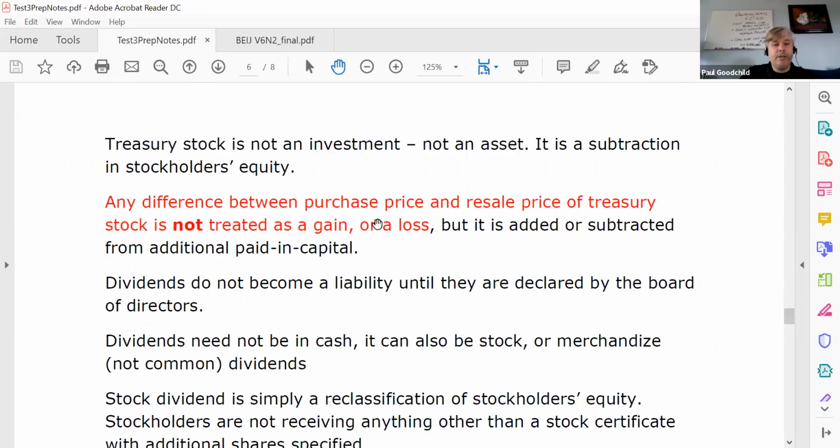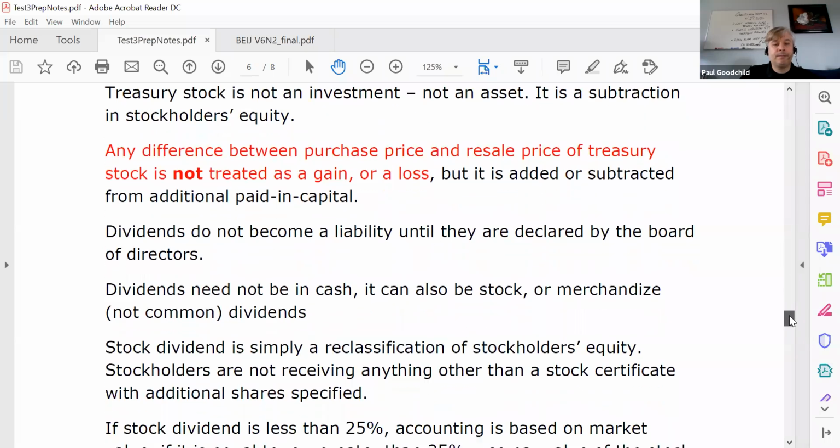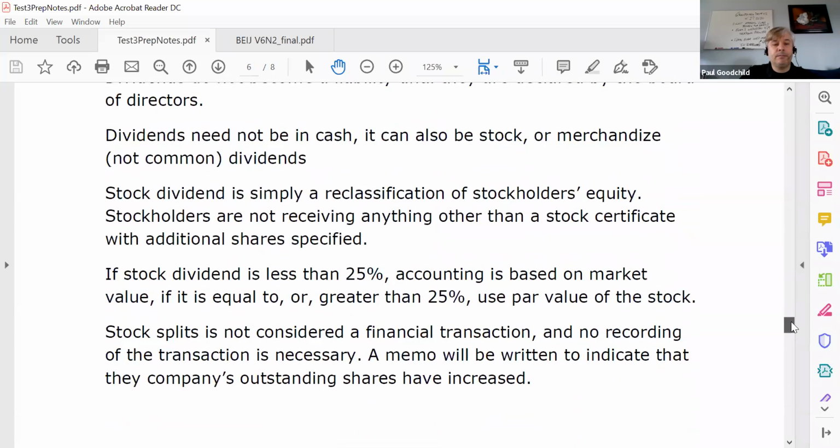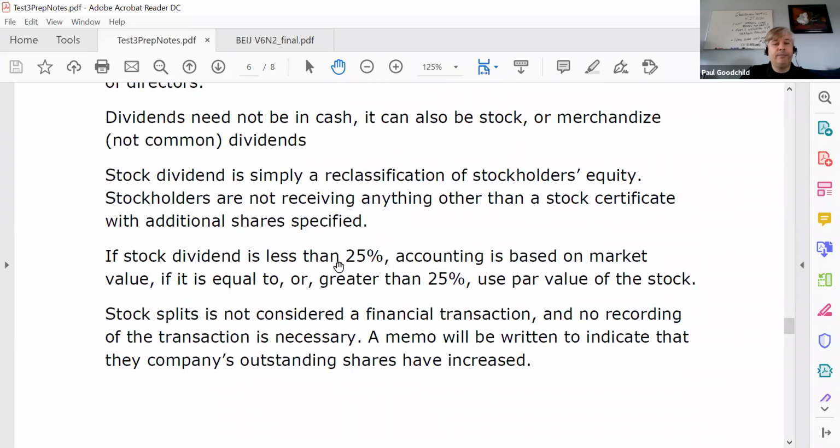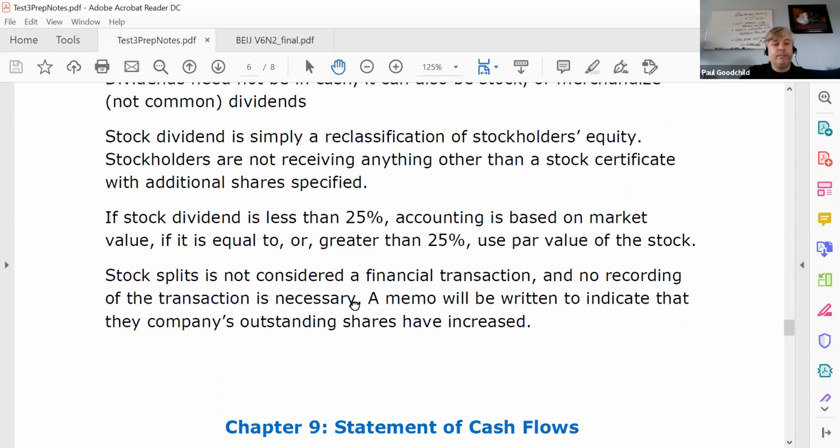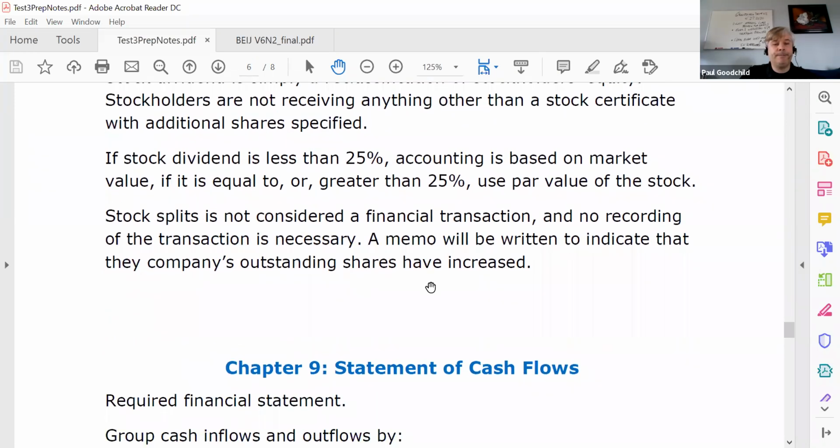Any difference between the purchase price and the resale of treasury stock is not treated as a gain, which I noted there. Don't worry too much about the stock dividends. You should know that they can issue stock splits and stock dividends, but you won't have to calculate it.